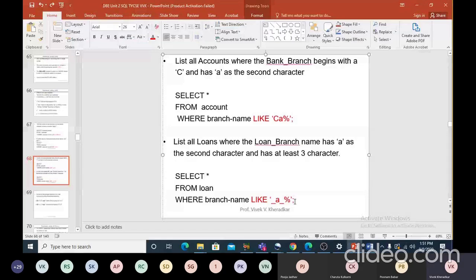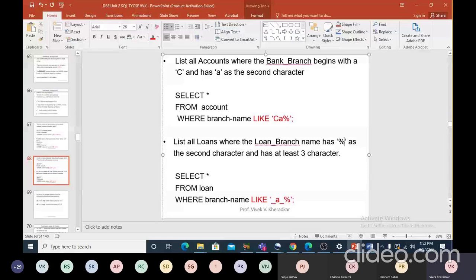Anyone, just tell me, suppose the same query is given, but the second character is percentage. Second character is percent, and I want to solve the same query. So tell me what is the answer? Anyone?